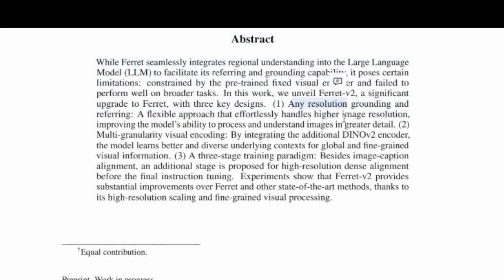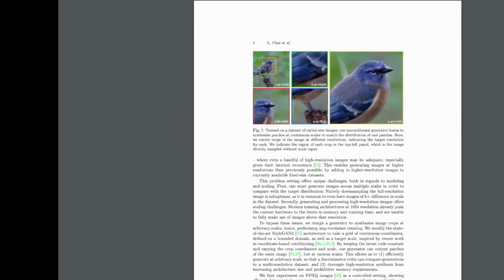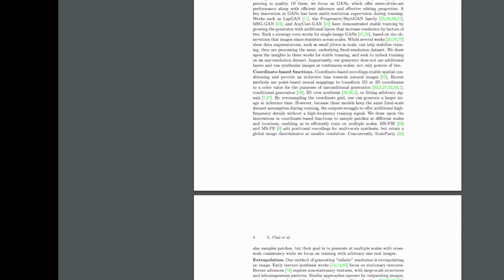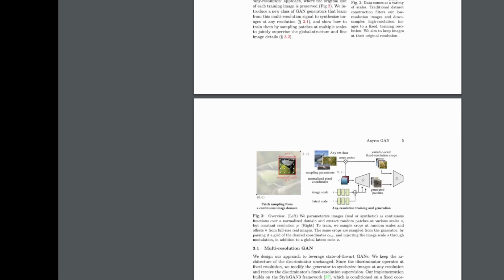So there are two ways of actually expanding a model to higher resolution. One is any resolution, another one is upsampling. And they were talking about these two papers. So when they talk about any resolution, they're talking about this. And basically, this paper is mostly talking about patching the images.